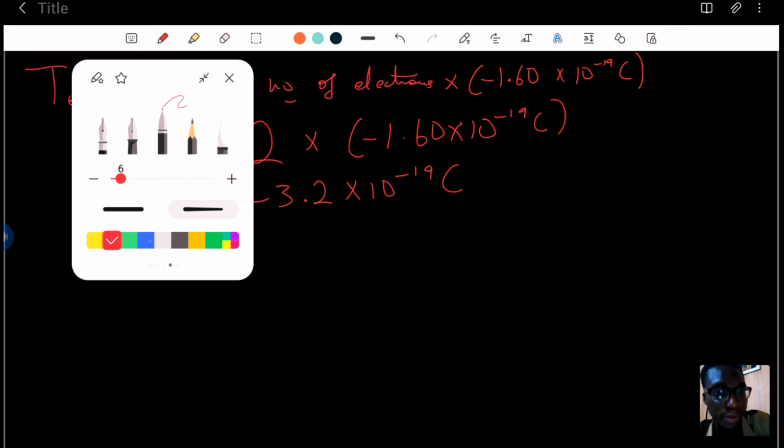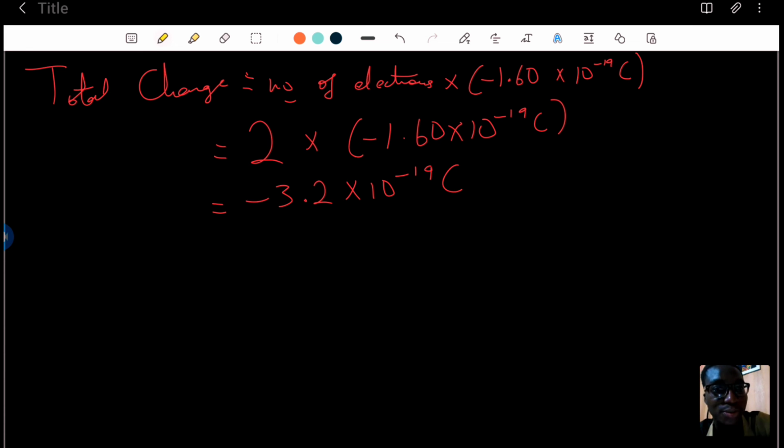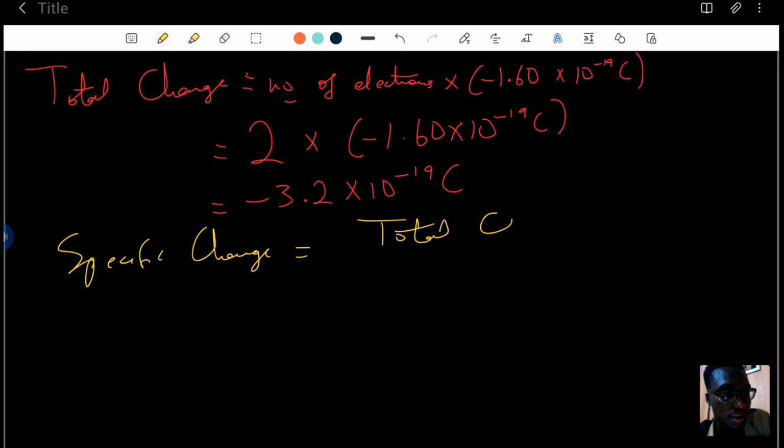All we do now is to substitute. Remember, specific charge equals total charge over total mass.